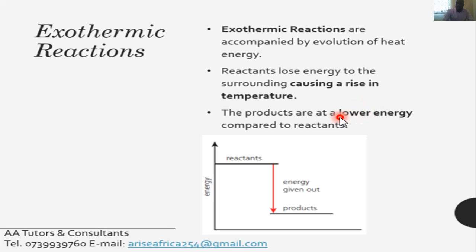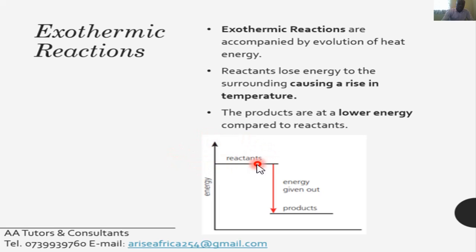When the temperature rises, it means the products are left at a lower energy, because this particular system loses energy. The reactants lose energy to the surrounding, and therefore the products are at a lower energy compared to the reactants. This information can be expressed in an energy level diagram as shown.